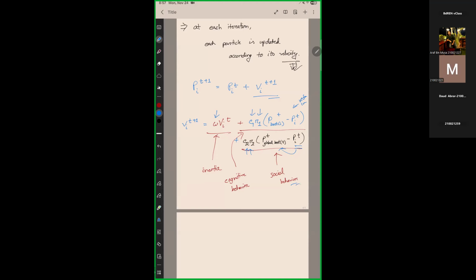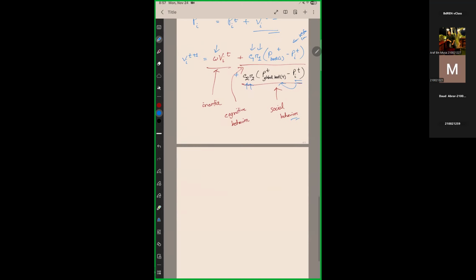So I have one term inertia, the cognitive behavior, and the social behavior, all three in this equation. Now I have to understand how this equation actually works. Is it clear so far? Okay, wait a little bit, we'll gradually discuss, and it will gradually become more clear.